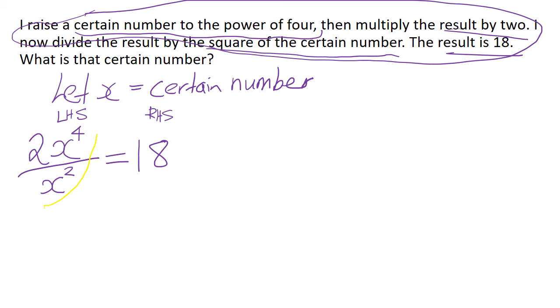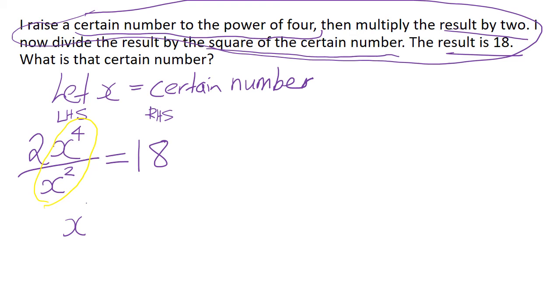So if we just look at this bit, x to the power of 4 over x to the power of 2 is just x to the power of 4 divided by x to the power of 2, right? So actually we can write that as x to the power of 4 divided by x to the power of 2, you minus the power.